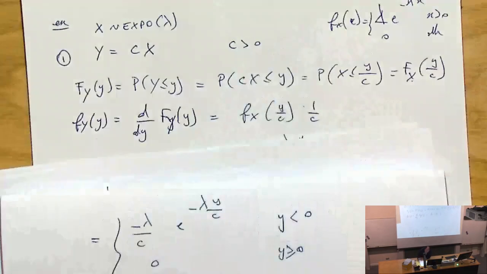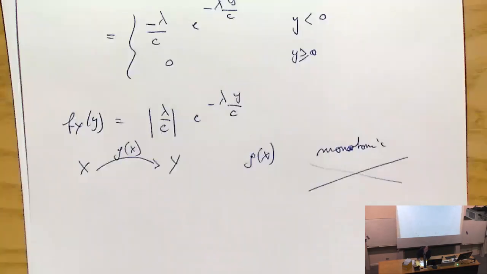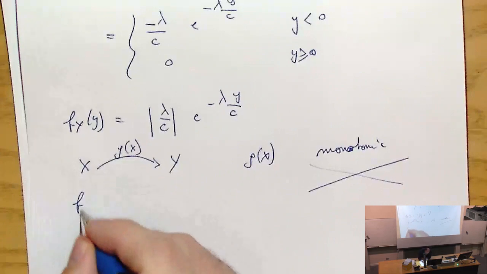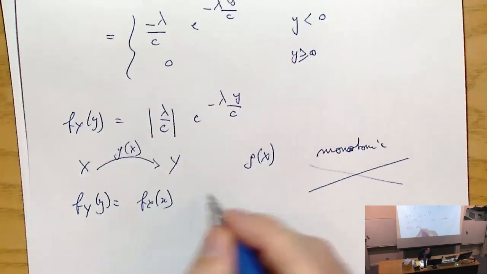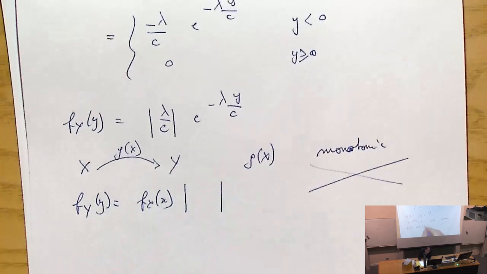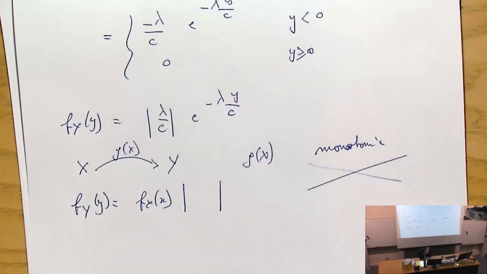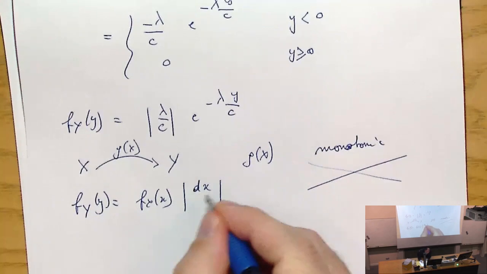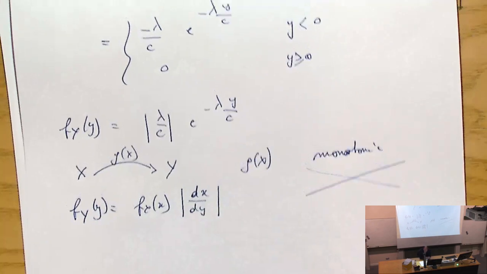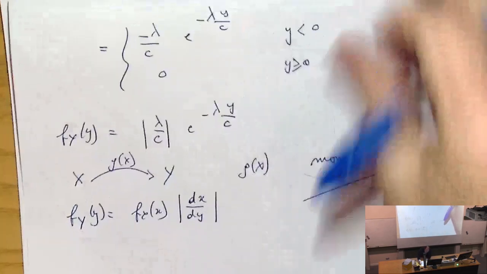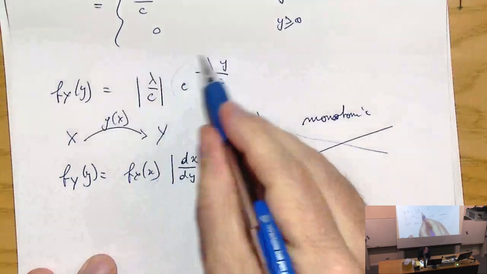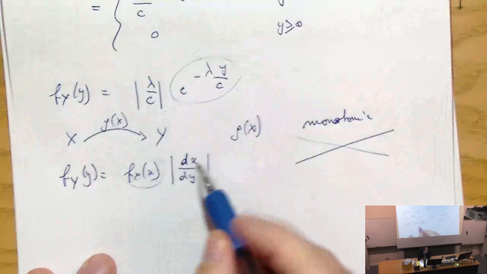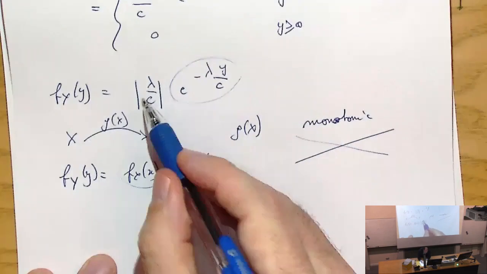C negative would have a decreasing function. Then you can write that the PDF of y is equal to the PDF of x multiplied by something in the absolute value, here the derivative of x with respect to y. And so what we did here, this quantity is this term here, and this quantity here is this term here.